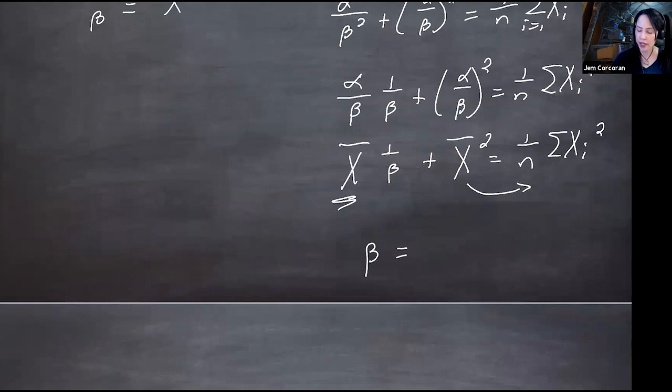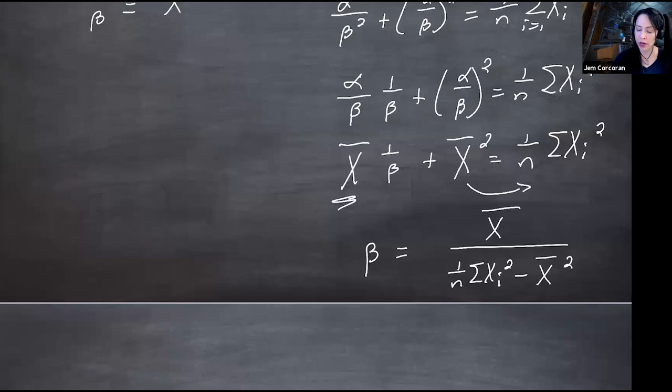So beta turns out to be x bar over 1 over n, the sum of the xi squared minus x bar squared, which does not make any sense because the right side is a random variable and the left side is a constant. So it was a matter of symbolic algebra, but put a hat on it. Put a hat on it and you have an estimator, and one that you should not be ashamed of.